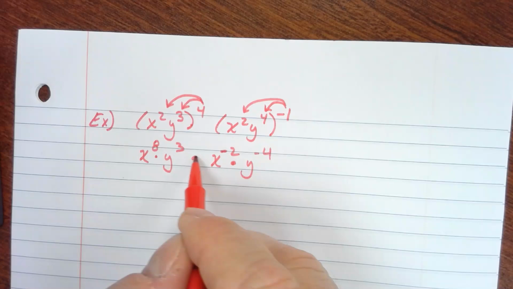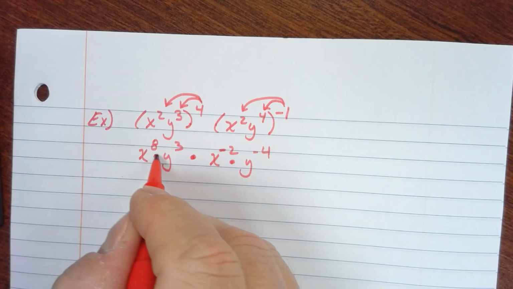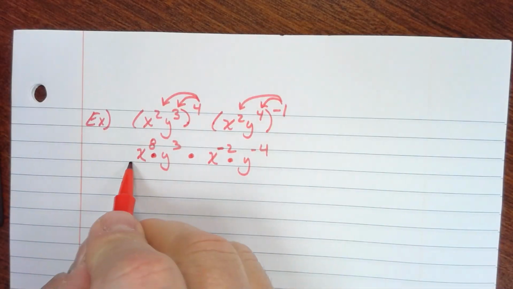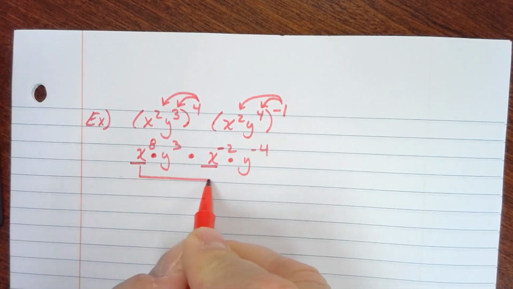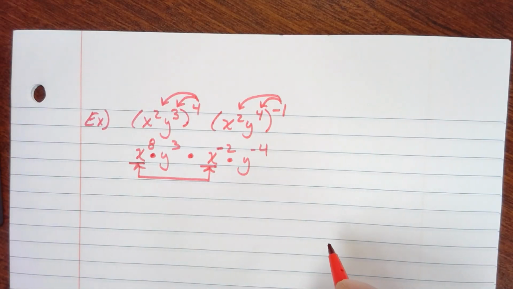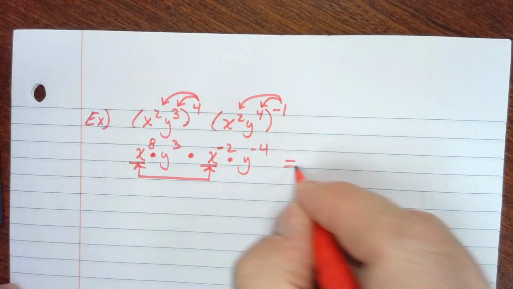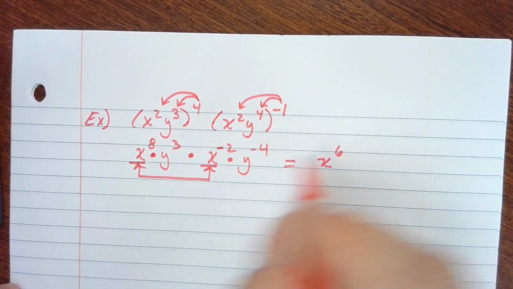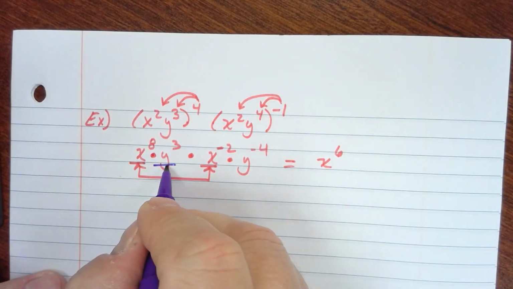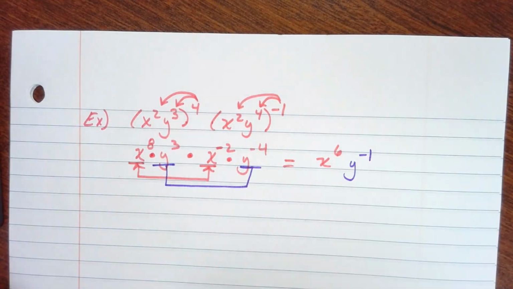Back-to-back parentheses mean multiply. So this takes us back to the multiplication rule that we had at the start of the period today. When I have the same bases and multiplication between them, I am going to add their exponents. This is going to give me x to the 6th, and as I add the y's, I get y to the negative 1.